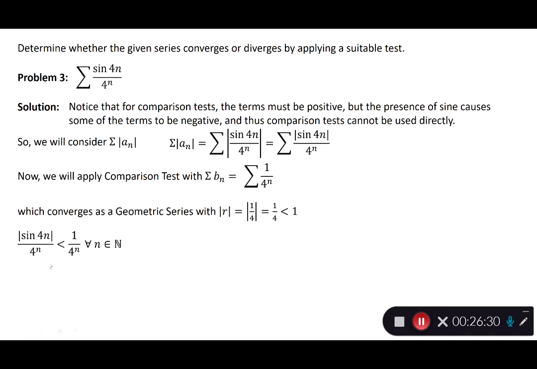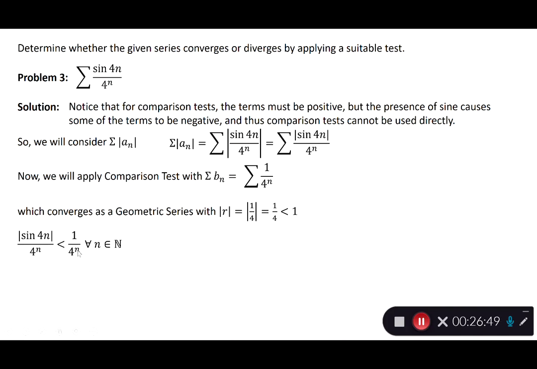And for comparison test, it is fairly straightforward to compare absolute value of sine 4n over 4 to the n with 1 over 4 to the n, right? Can I make this claim that this is less than 1 over 4 to the n? You bet.